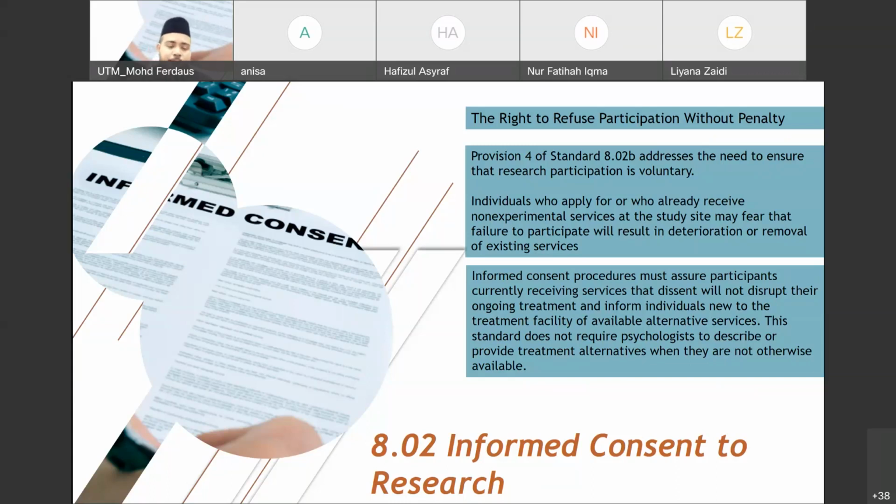So say for example, you are currently receiving therapy and I ask you to be involved in some research activities and you don't feel comfortable. As the researcher, when they withdraw participation in our research, we need to continue giving them the therapy. That is basically an ethical standard we need to follow. So when they withdraw, we cannot stop giving them the therapy, because it's their right to refuse participation without penalty.